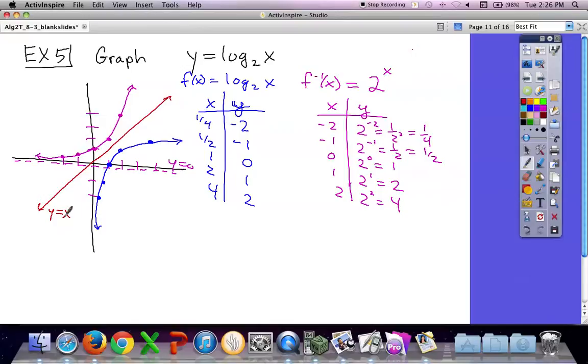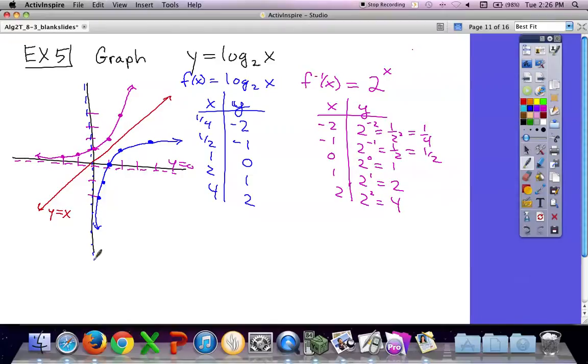So now, the exponential had a y-intercept of 1, the logarithm has an x-intercept of 1. The exponential had a horizontal asymptote on the x-axis. The logarithm has a vertical asymptote on the y-axis.